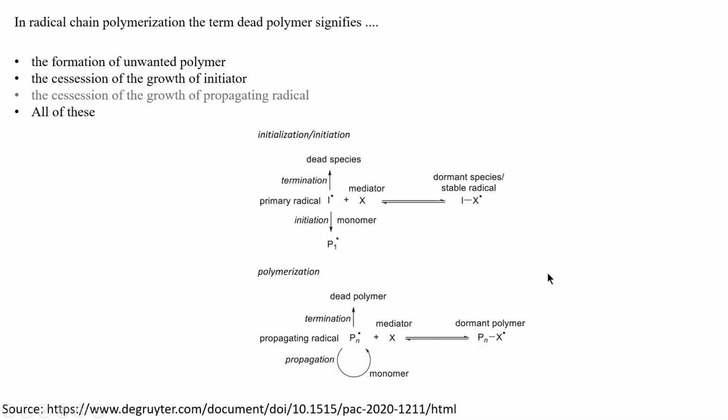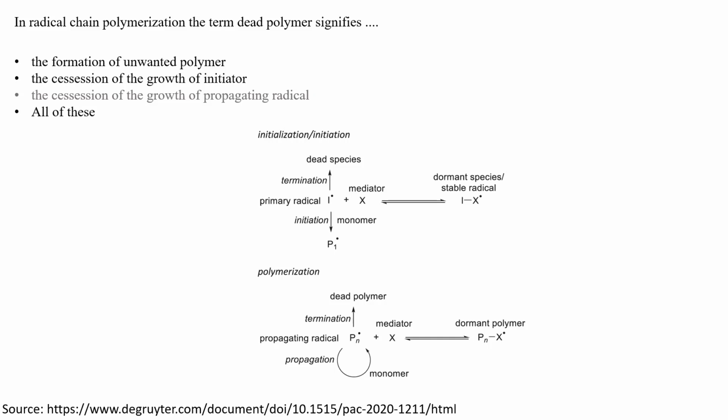Moving on, in radical chain polymerization, the term dead polymer signifies what? The formation of unwanted polymer, the cessation of the growth of initiator, the cessation of growth of propagating radical, or all of these. In radical chain polymerization, we have an initiator which propagates forward to form the polymer chain.